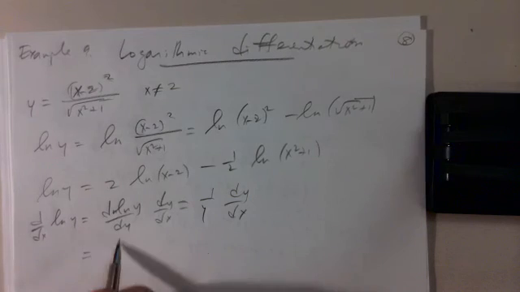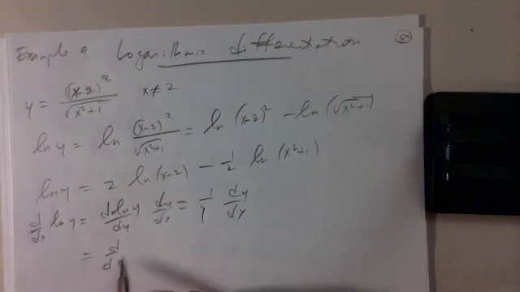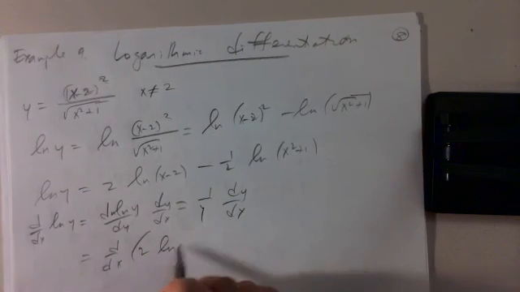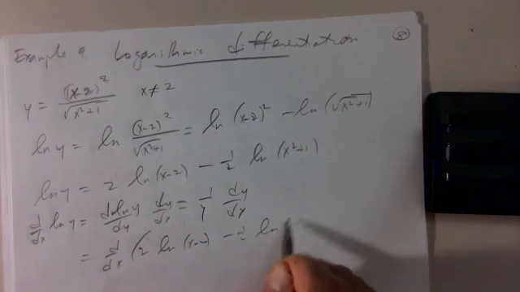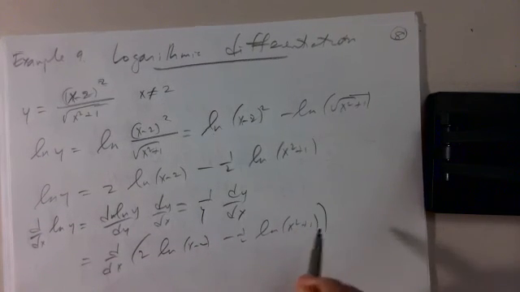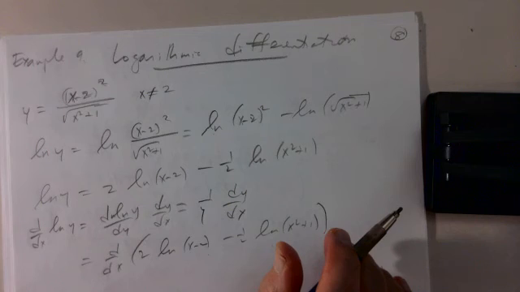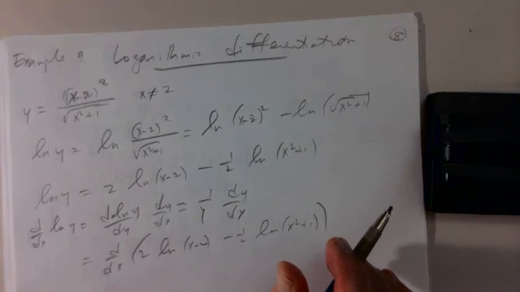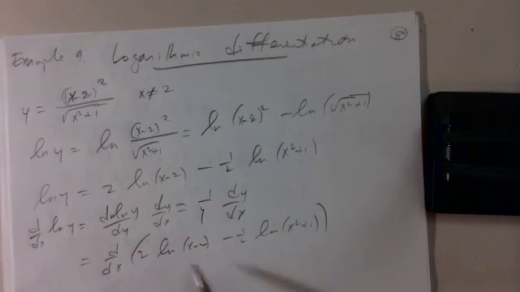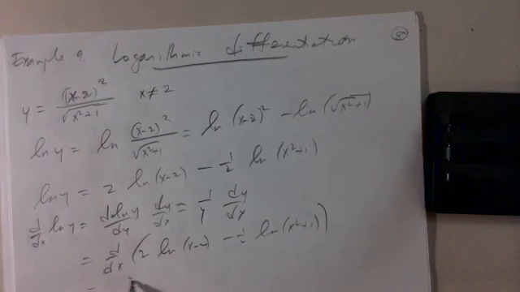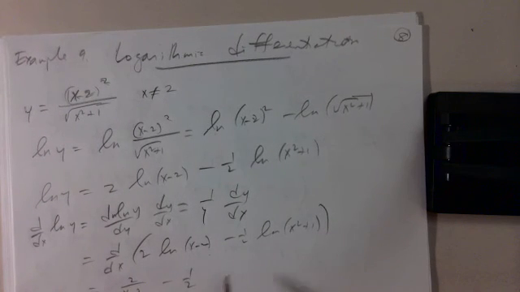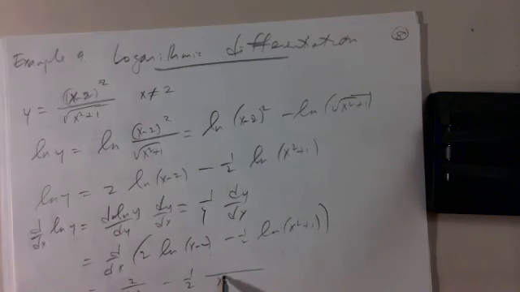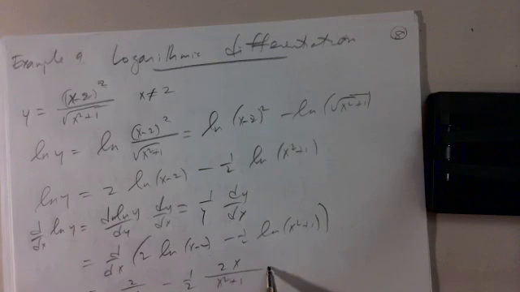And that's equal to the derivative of what's on the right-hand side, 2 times the log of x minus 2 minus 1/2 times the log of x squared plus 1. But we know how to differentiate a logarithm. This is 2 over x minus 2 minus 1/2, 1 over x squared plus 1 times the derivative of x squared plus 1, which is 2x.